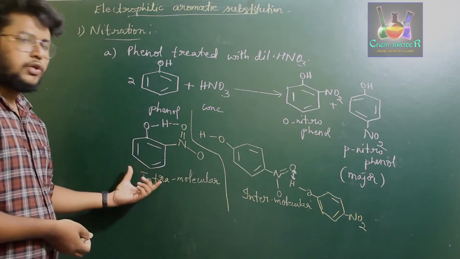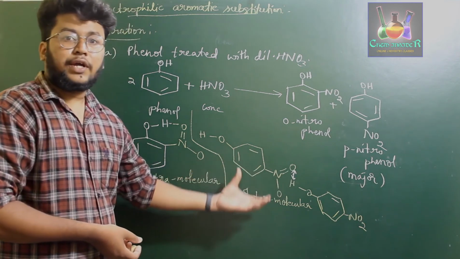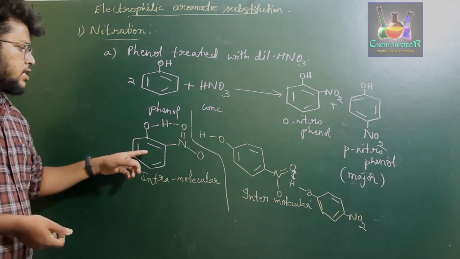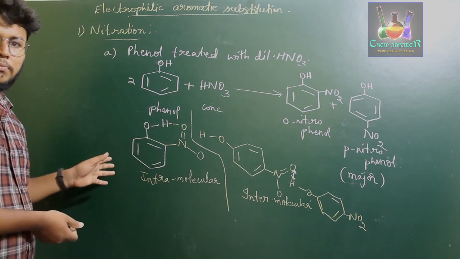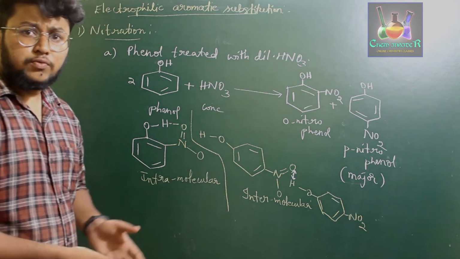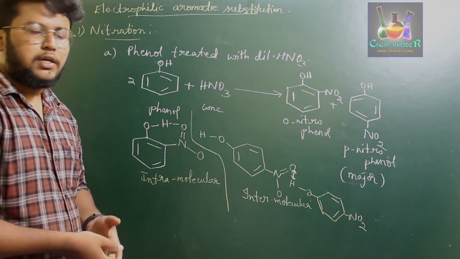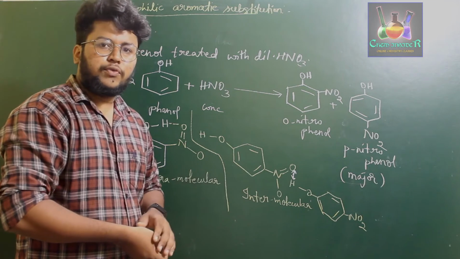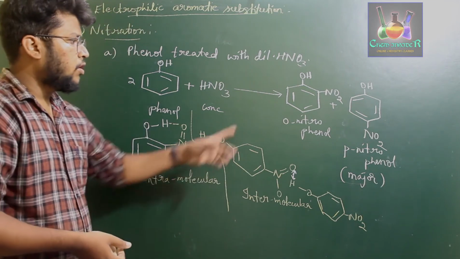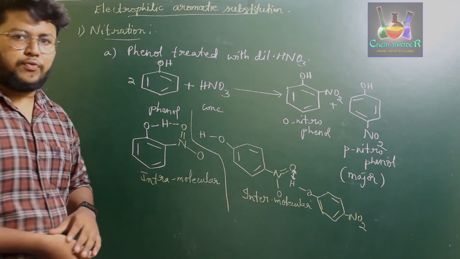Therefore, this molecule breaks down into individual parts, whereas this molecule tries to stay in a single chain. So clearly we can say that since it wants to break down into single parts, it is highly volatile. This one, which doesn't want to break down and stays in a long chain, is less volatile. Therefore, paranitrophenol is the major product when compared to orthonitrophenol, and it is more stable when compared to orthonitrophenol.